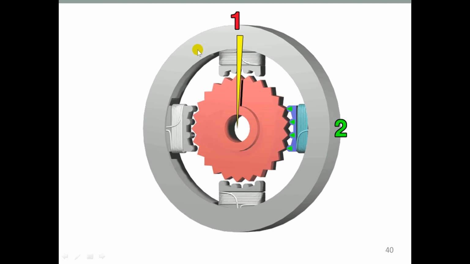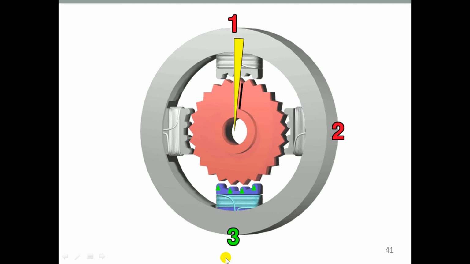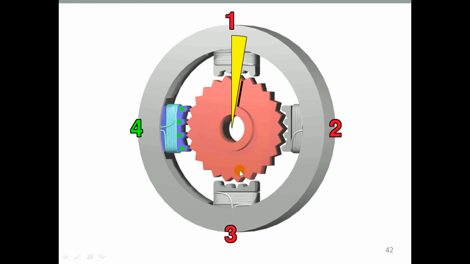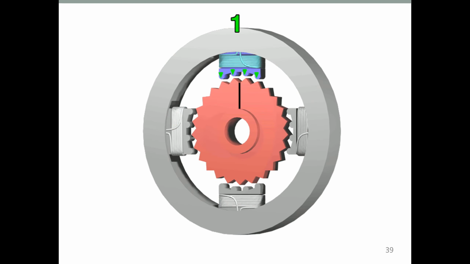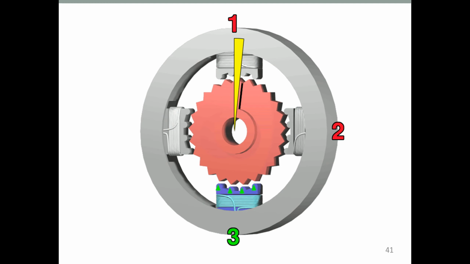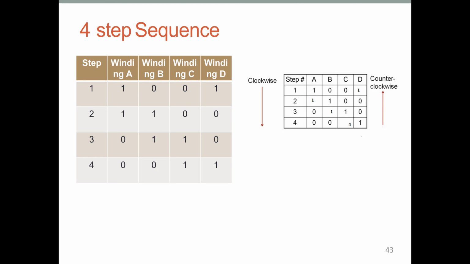Here you can see the motor start rotating, and as I told, it is clockwise, 1, 2, 3, 4. It will start rotating like that. You can see the color code also. You energize the coil, and that is how the motor rotates. We do a four step sequence.